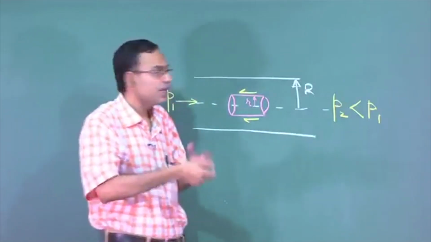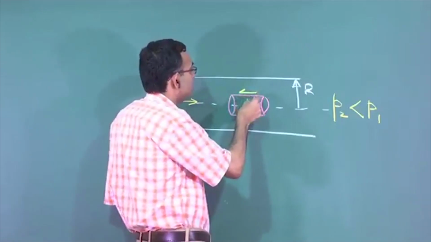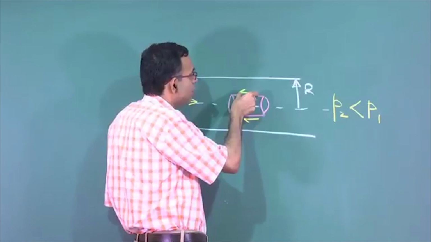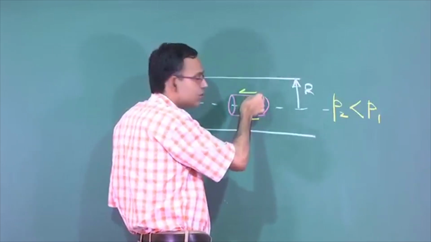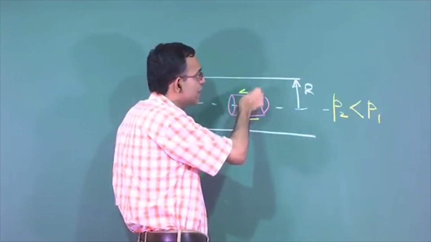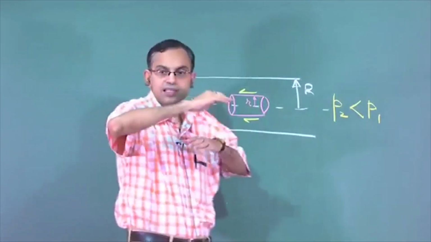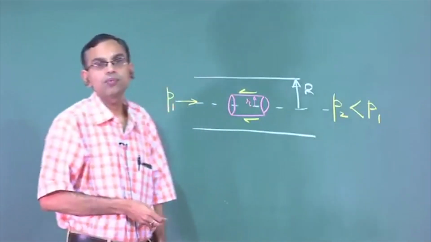So, viscosity makes sure that although this is not directly in contact with the wall, there is a shear here which is transmitted from the wall to this, and that transmission of shear across various layers is by virtue of the fluid property viscosity.